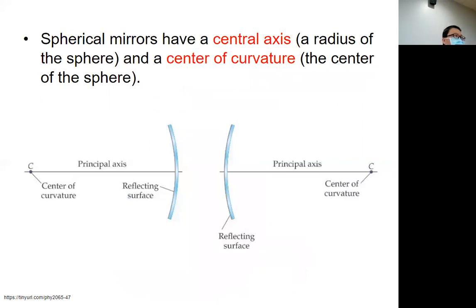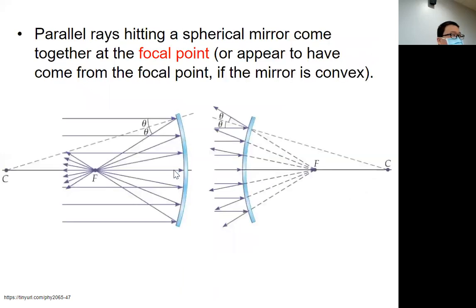For spherical mirrors, there's a central axis that goes through the center of curvature and towards the center of the mirror. That's called the central axis or principal axis. And the distance from the center of curvature to the mirror is equal to r.